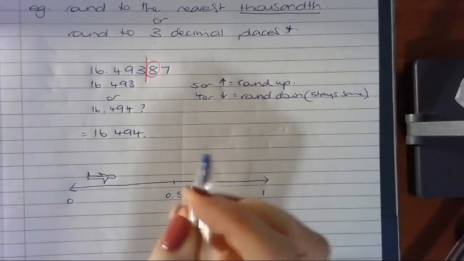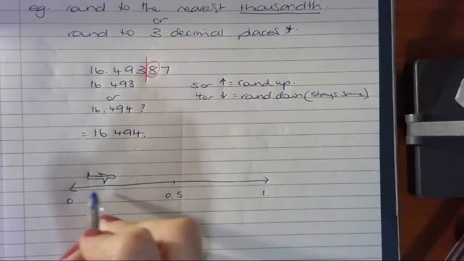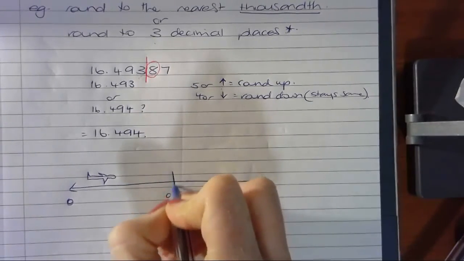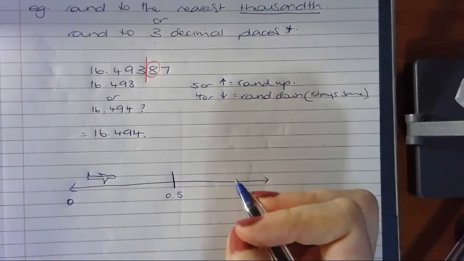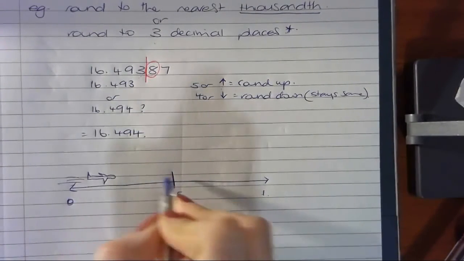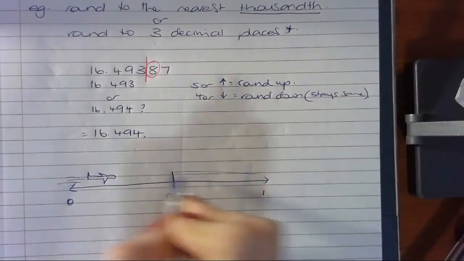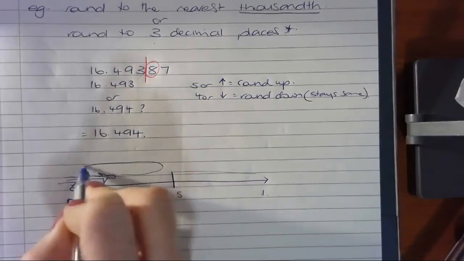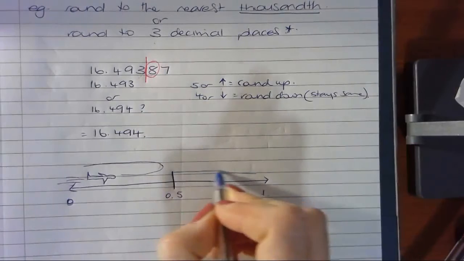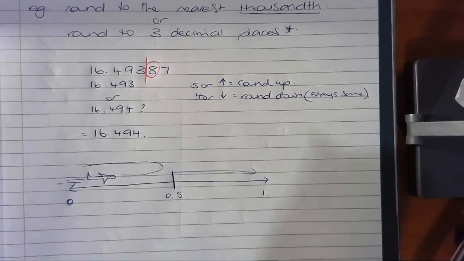There we go. Okay, if we had a plane and it took off at 0 and it's aiming to get to 1, and at this halfway point a passenger was sick, would it be easier for the plane to keep going, or would it be easier for the plane to turn around and come back? That distance is longer, so we think 5 or above, it's actually easier to go to the next number up. You can use that strategy if that works for you.